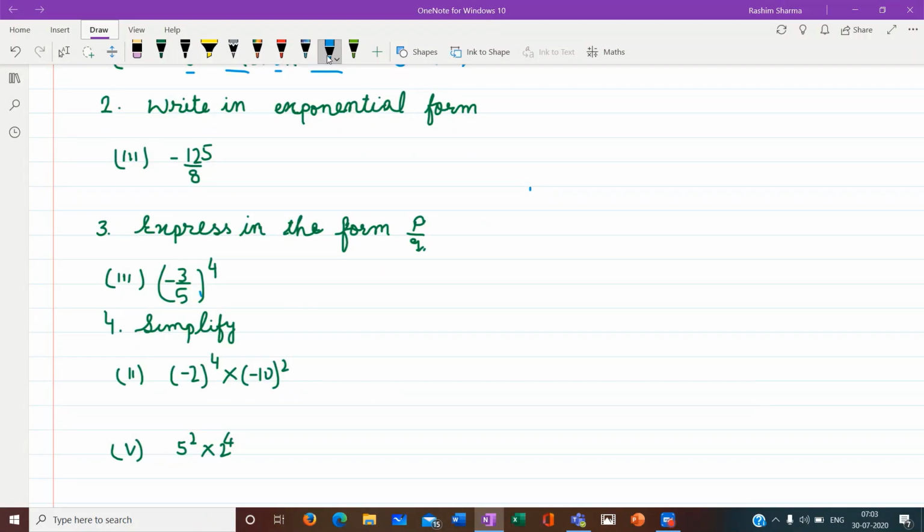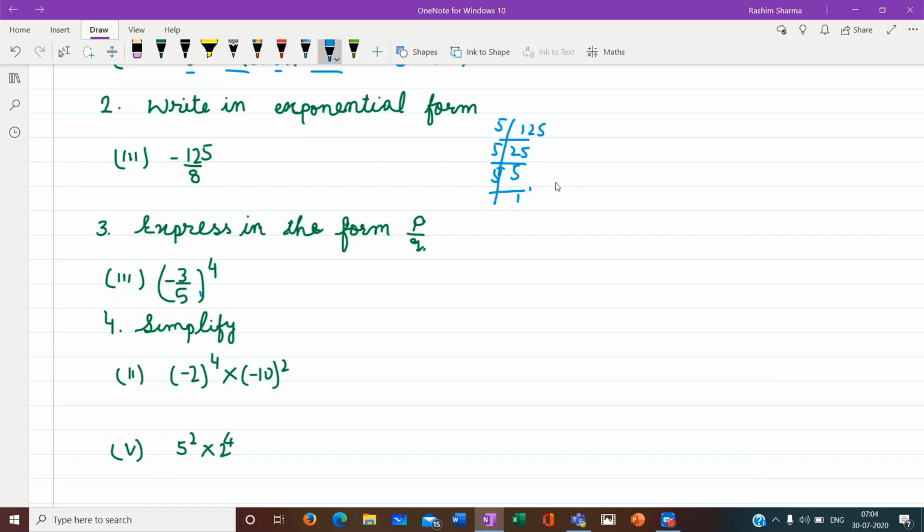Alright. Second question is, write in exponential form. The fraction given to us is minus 125 upon 8. Now when we find the prime factors of 125, we get 5, 25, 5, 5 and 5, 1.